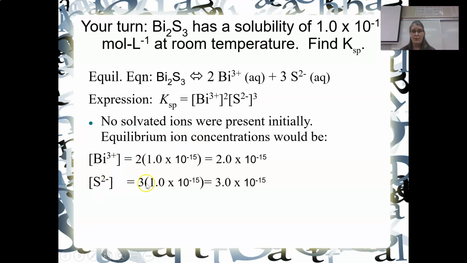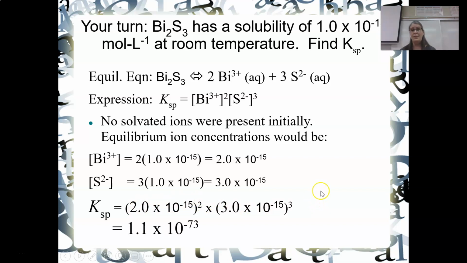And the sulfide concentration would be the solubility times 3, because each one gets me 3. Now that I have the concentrations, I can just plug that into the KSP expression and do the math. So if I plug the concentrations in, square this one, cube that one, I get this extremely tiny KSP.